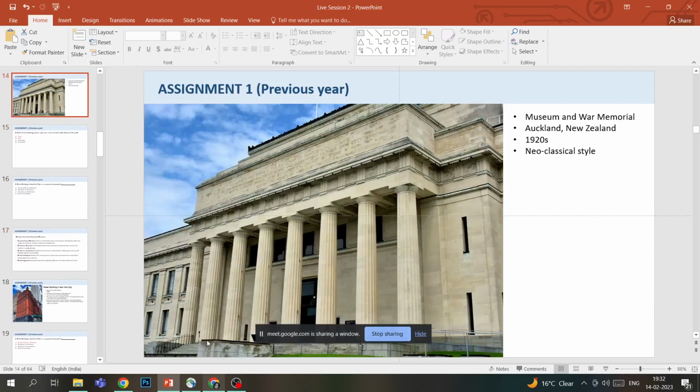For example, this building, the Auckland War Memorial Museum, has these Doric columns. A column can be rectangular, it can be circular, it could be simpler looking. But what we do here is that we decorate, or we ornament, the structure, we ornament the column.